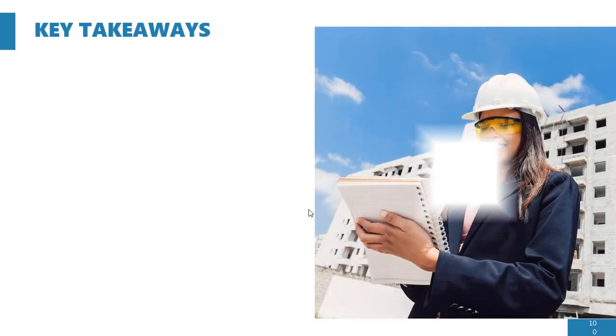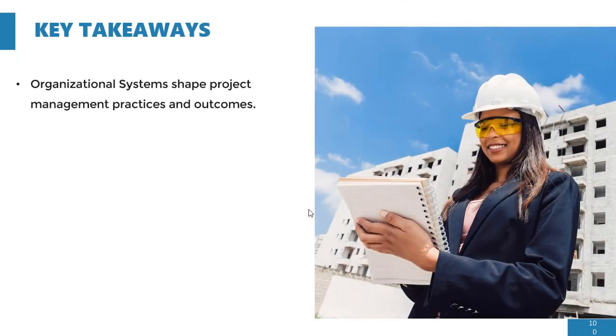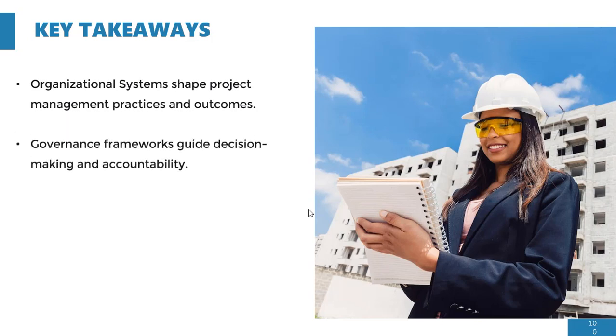Okay, so let's look at the key takeaways from this section. So far, you've been able to see how organizational systems shape project management practices and outcomes. We've also looked at governance frameworks, how they guide decision making and accountability.